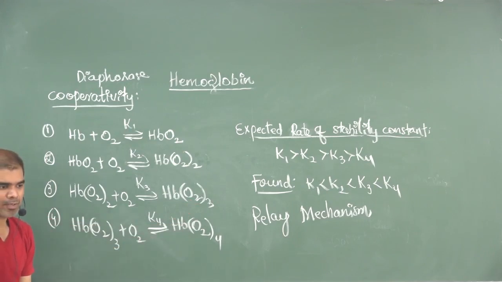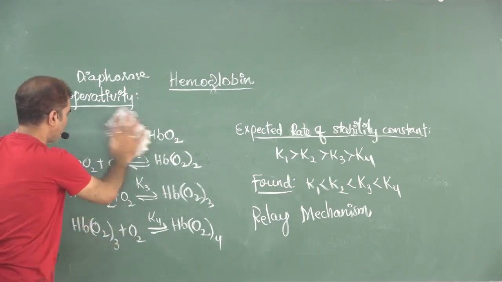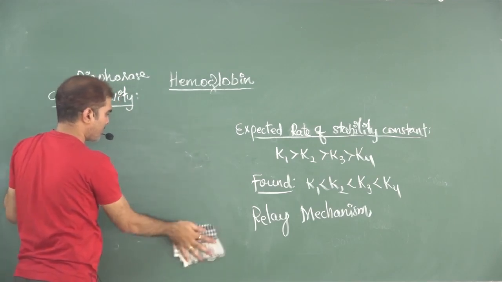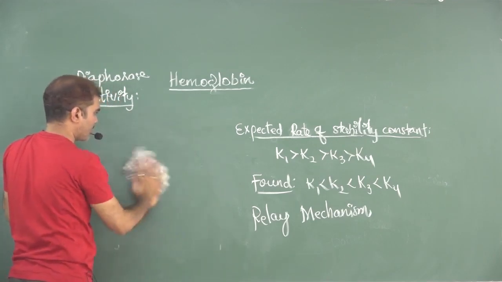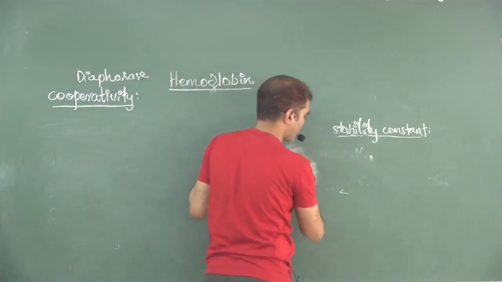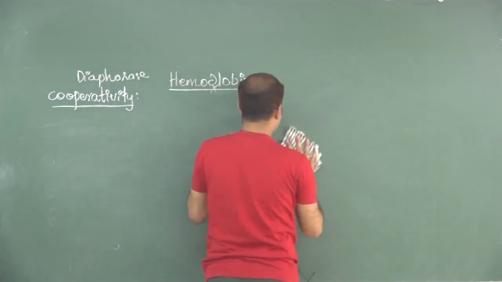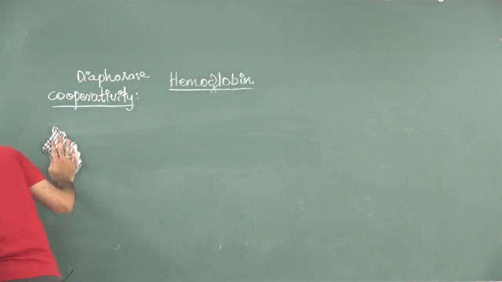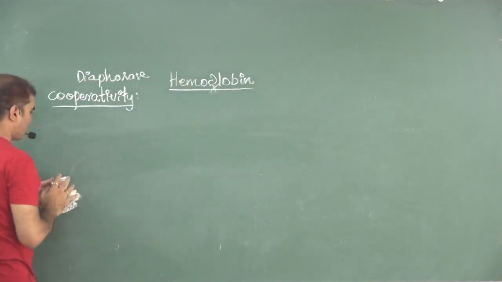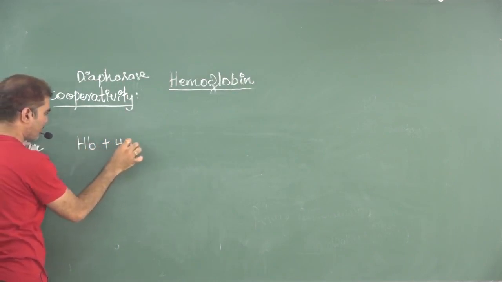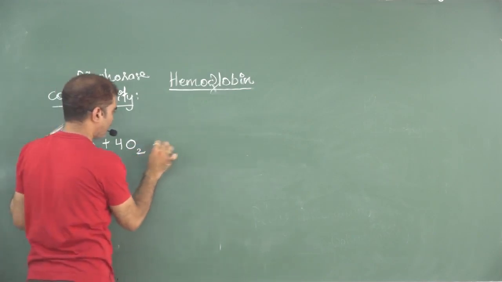Next, when one subunit takes dioxygen, comma, it stimulates the O2 intake of the second subunit.